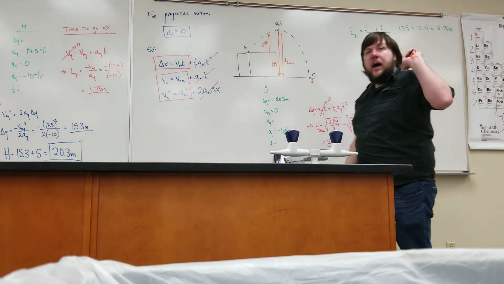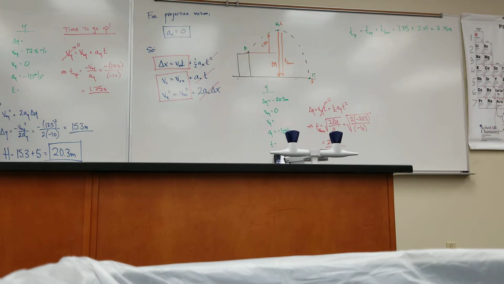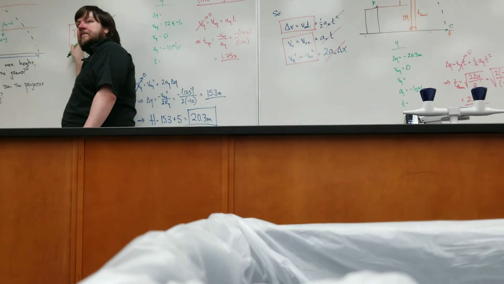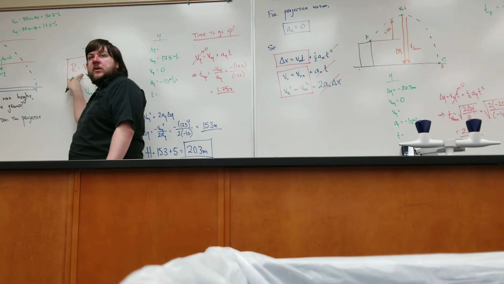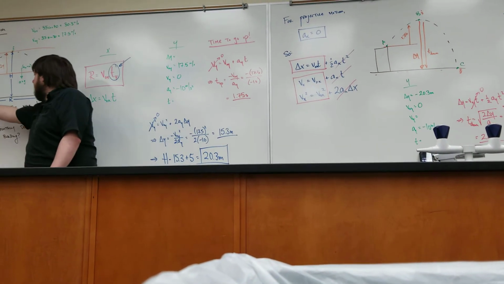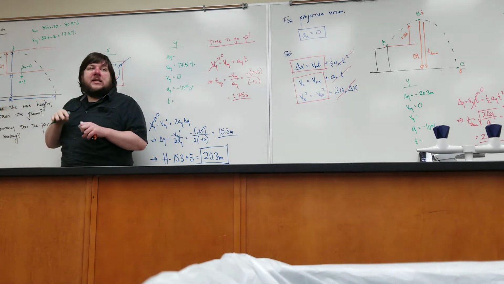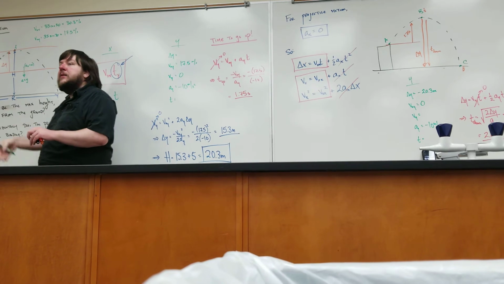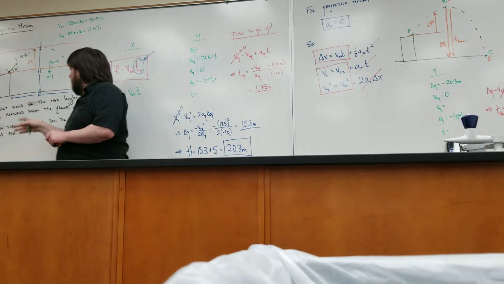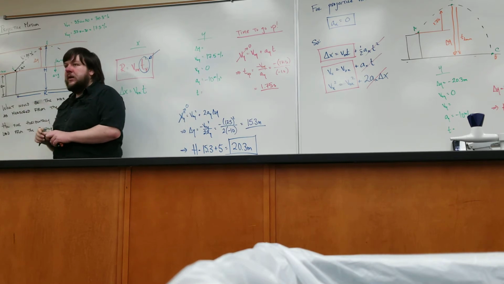And now that we know how long the object is in the air for, we can find the range. It's just going to be the initial speed in the x direction, because now we're talking about the x direction. Everything that we've done so far has been a quantity solved for in the y direction. But if we want to know the range, that's a quantity in the horizontal direction.